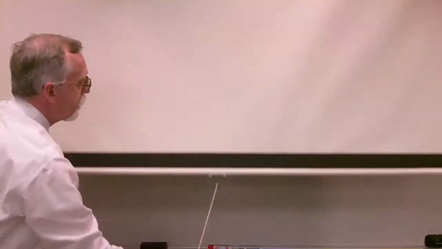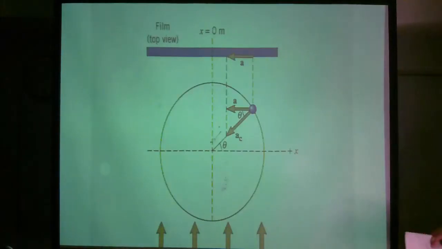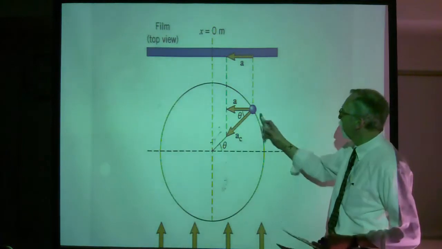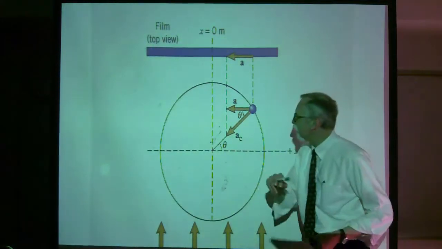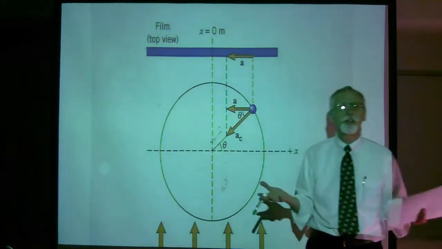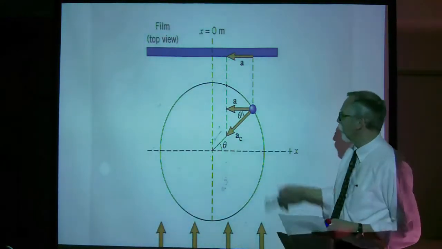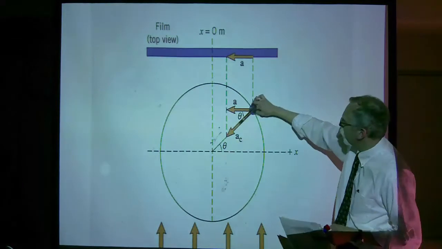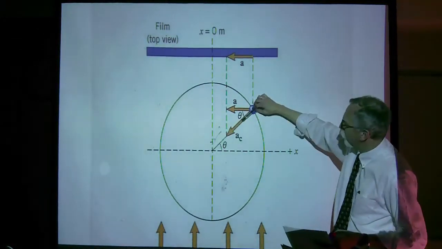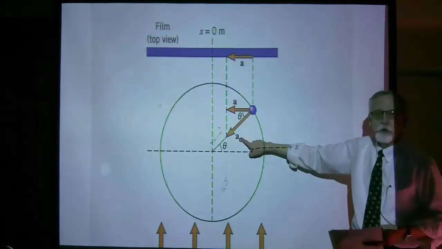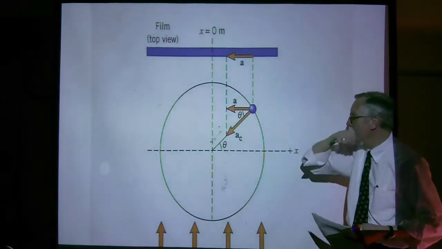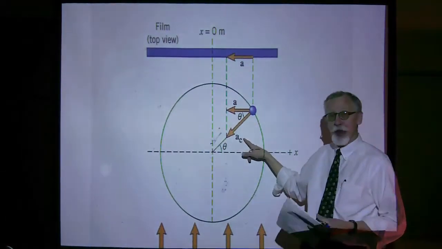Let's go back to our picture. Okay, here we go. So, now we're going to look at the acceleration. What kind of acceleration does an object undergoing uniform circular motion have? It has centripetal acceleration. So we know we've got an acceleration towards the center of the motion. So here's our centripetal acceleration. And let's remember, this is going to have a uniform magnitude.